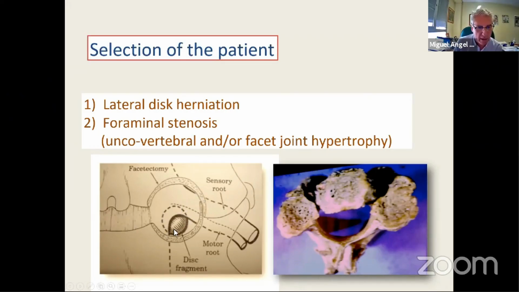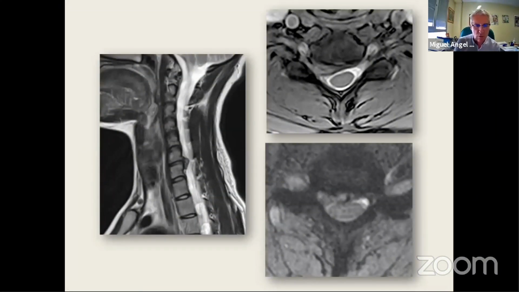Taking into account the relationship of the disc space and the root, in the great majority of the cases we have to look for the disc fragment at the axillary part of the rootlet instead of the upper part of the cervical root. And this is one of the indications: a posterolateral fragment compressing the nerve root.